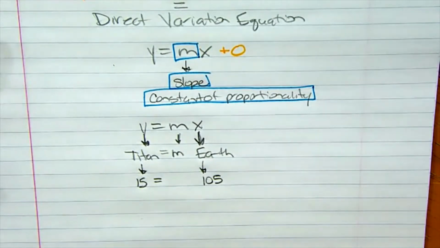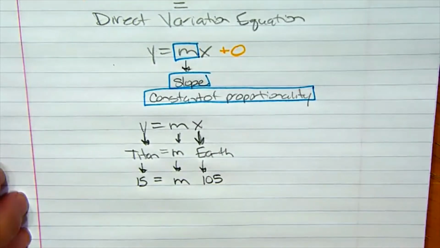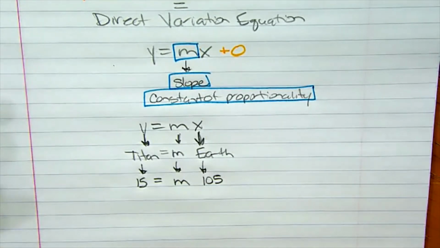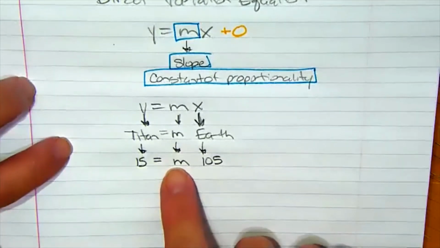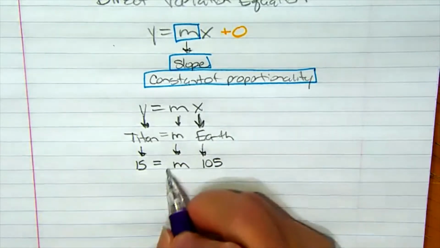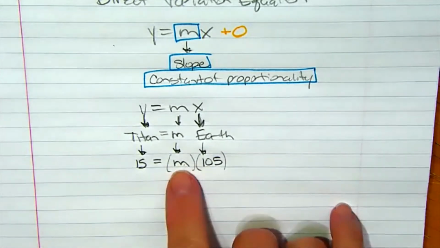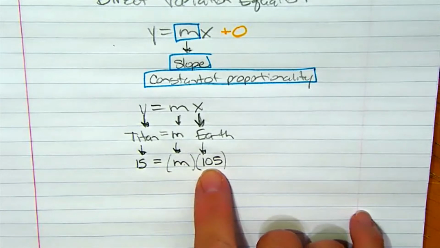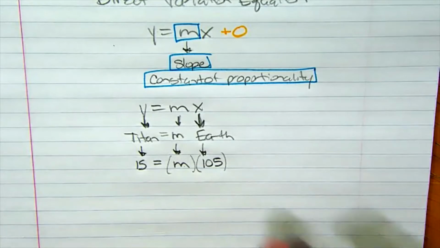And it asks me to write an equation that represents the situation. I need to find my slope or my constant of proportionality. Can I do that? Absolutely. I need to isolate m, but m is being multiplied by 105. So I need to undo or get rid of that 105.